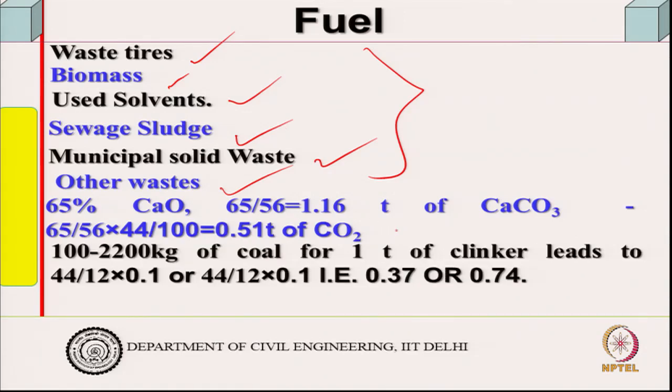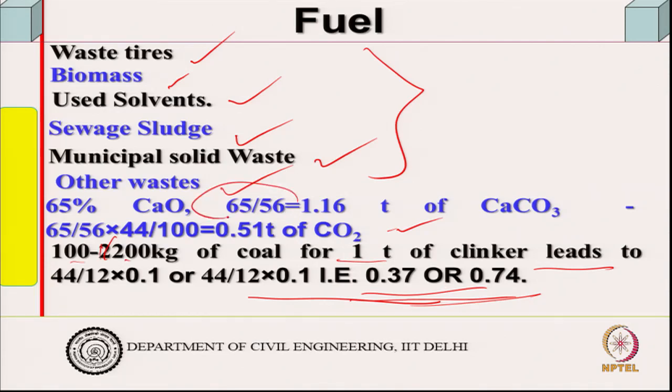And these calculations we have done already, the amount of carbon dioxide generated from the fuel, because we said 100 to 200, not 200 kg of coal for 1 ton of clinker if you are using coal. So, these calculations we looked at earlier, and this comes from the stoichiometric relationship.